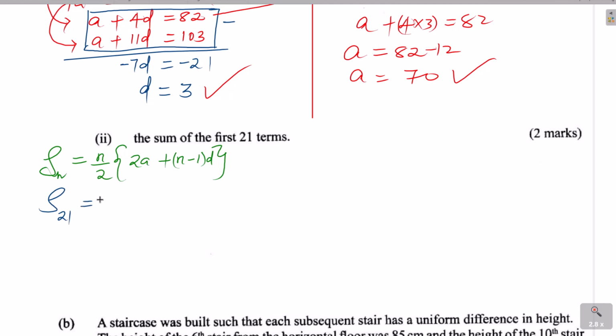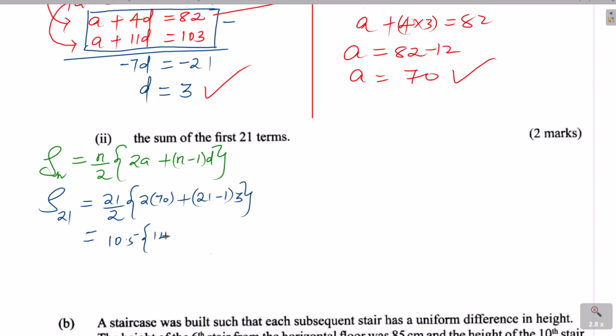So n will be 21 divided by 2, then 2 times a, which is 70, plus n, 21 minus 1, then common difference is 3. So 21 divided by 2, this will give 10.5.